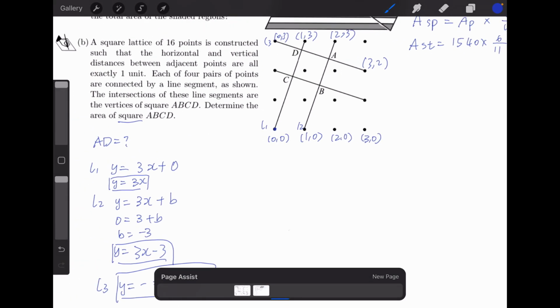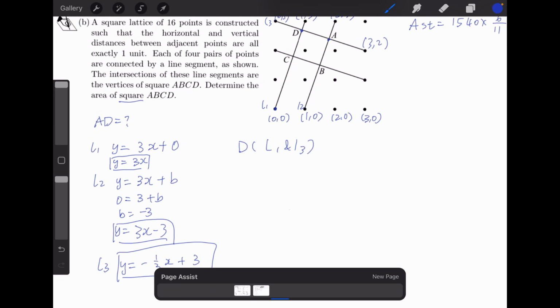Our next step is to find the coordinates of points A and D. Because D is the intersection of line 1 and line 3, to find its coordinates we set the equation of line 1 equal to the equation of line 3.